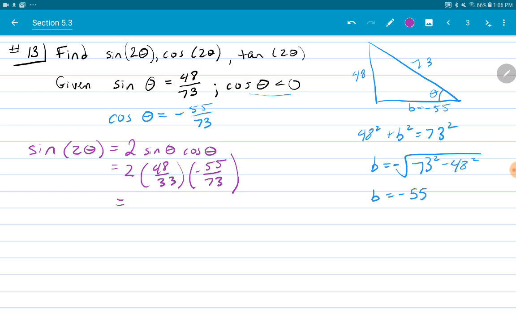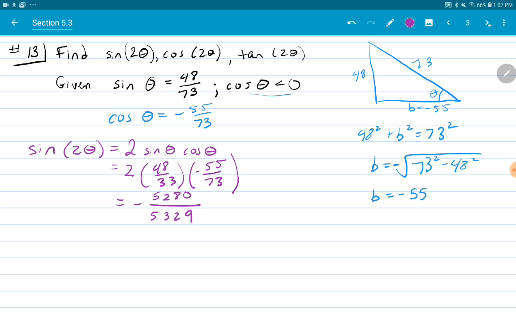So when I multiply that out, 2 times 48 times negative 55 gives me negative 5280, and the 73 times 73 gives me 5329.